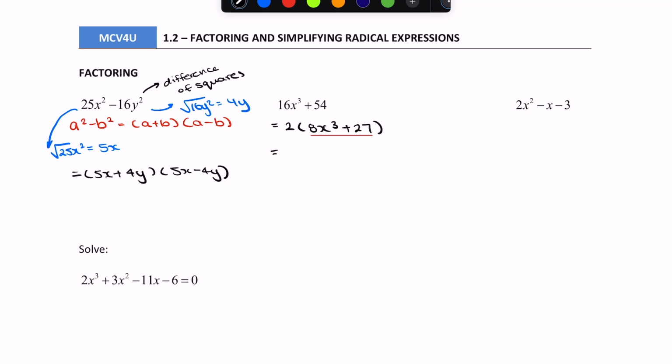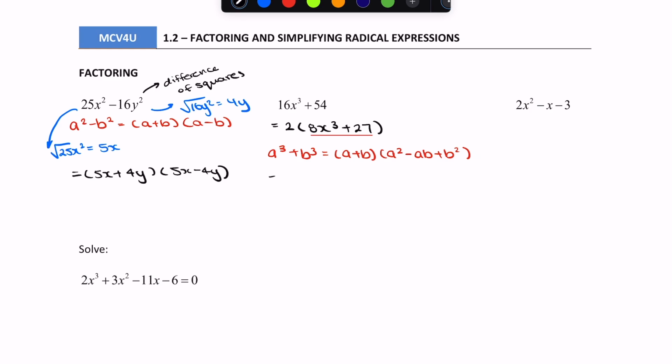We know that when we have a sum of cubes, a cubed plus b cubed is equal to a plus b, a squared minus ab plus b squared.